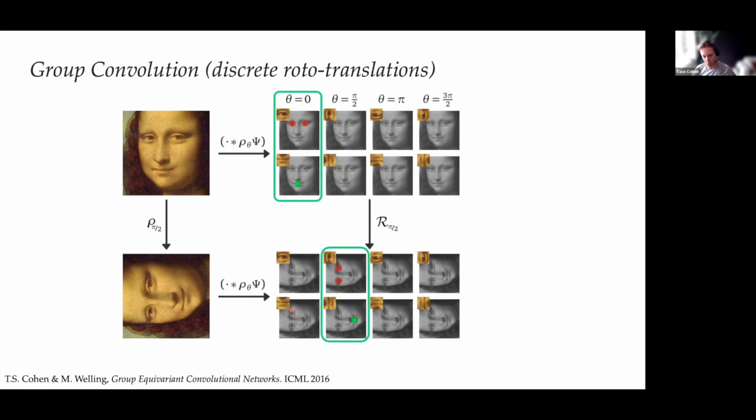In general there could be more, but here we have two filters. Apply them translationally, rotate them, apply again translationally, etc. And we generate 2 times 4 feature maps. Now, what you can see is that when we apply the upright eye detector, it's not going to fire because now the eyes are in the sideways orientation.